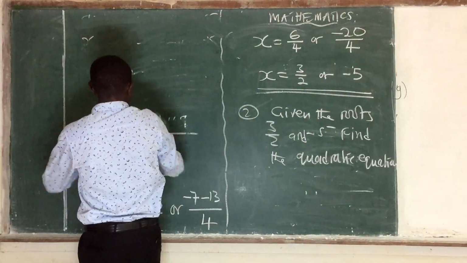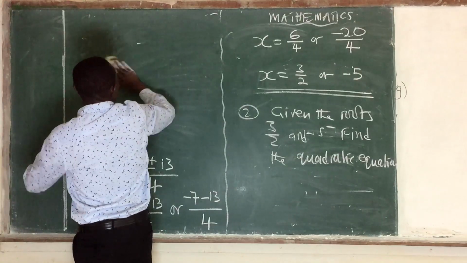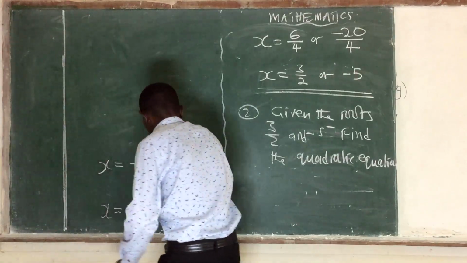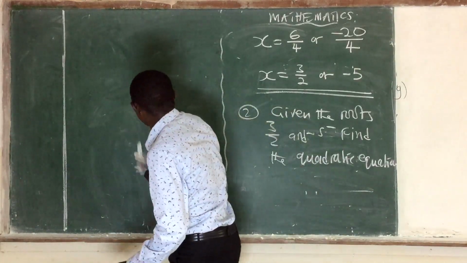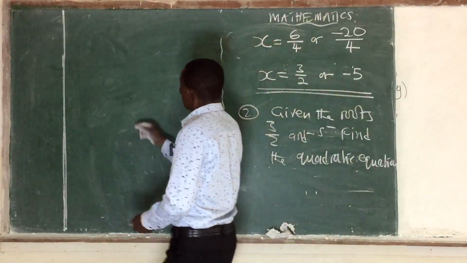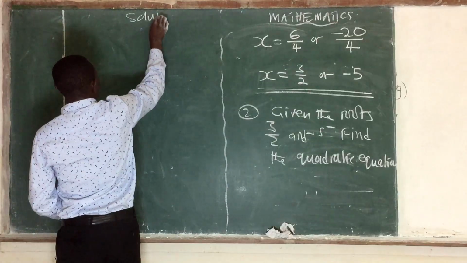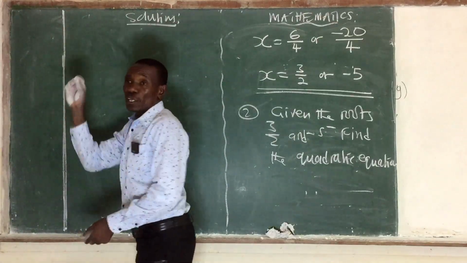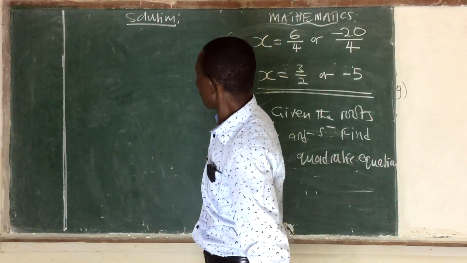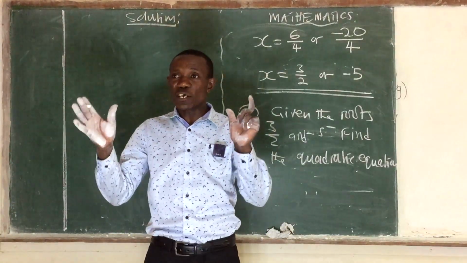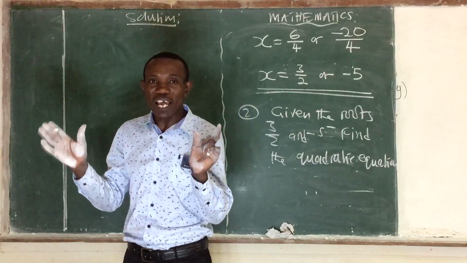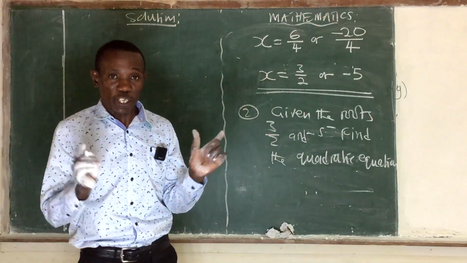Look here. Right. The method we use comes from the first method of solving quadratic equations, that is the factor method, where we found ourselves factorizing a quadratic expression of a quadratic equation.